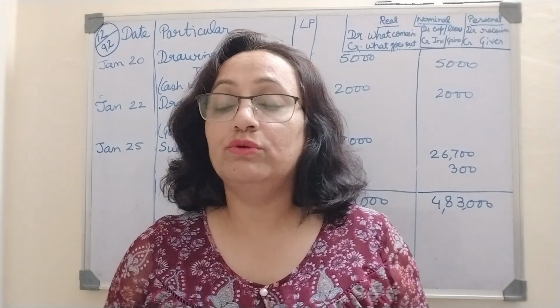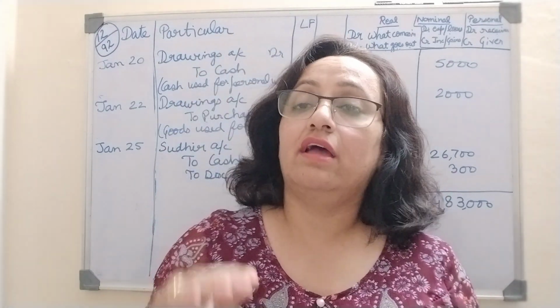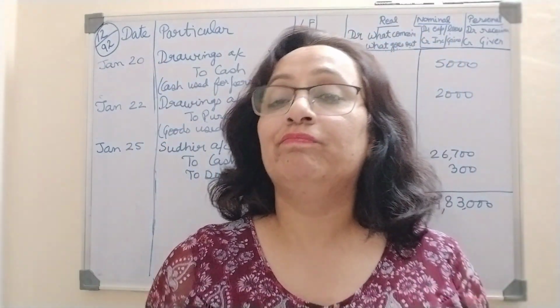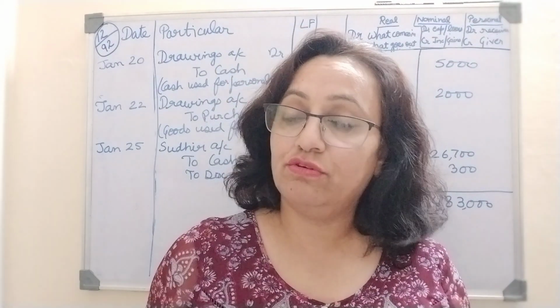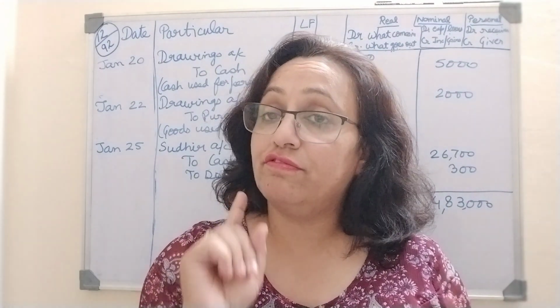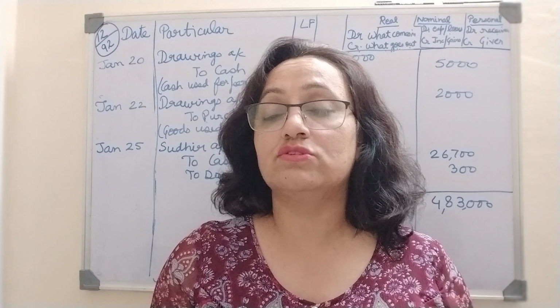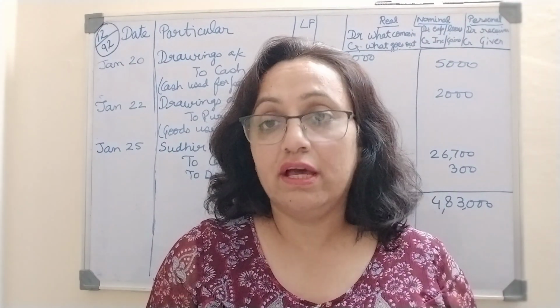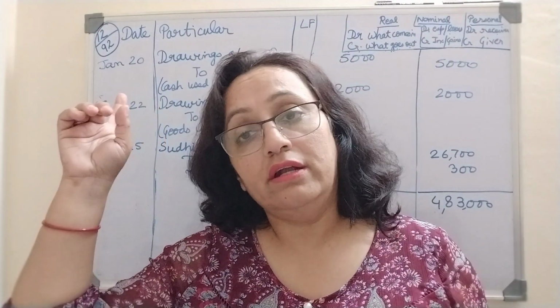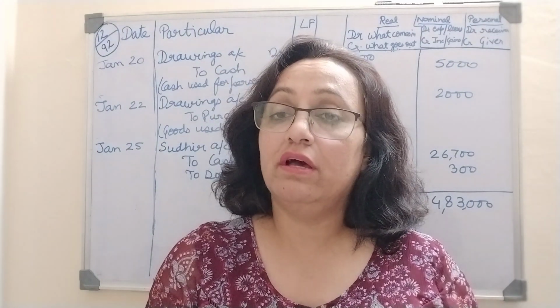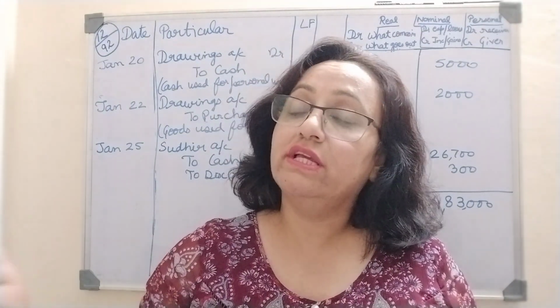I hope you are understanding the way I am taking each step to make journal entries easy for you. Journal entry is the first step of maintenance of books of account. If they are easy for you, it will all go very smoothly till the final accounts you prepare.